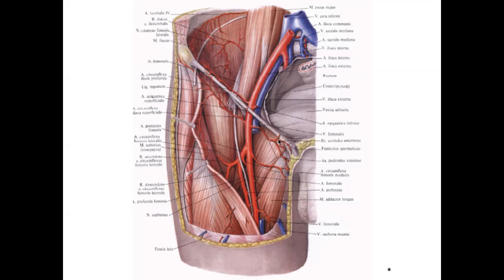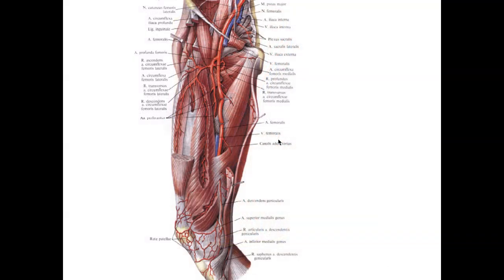Then another example, where all superficial muscles were removed. You can see the place of cutting, and that's why we can demonstrate both the femoral artery and the deep femoral artery.